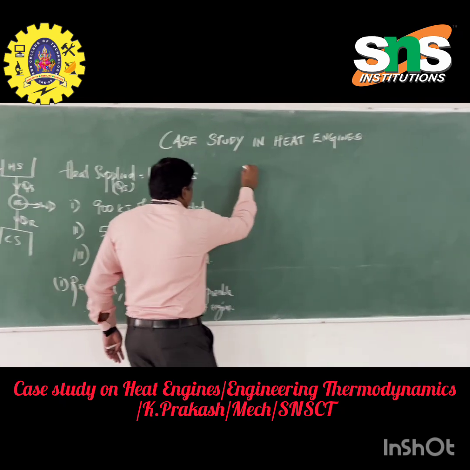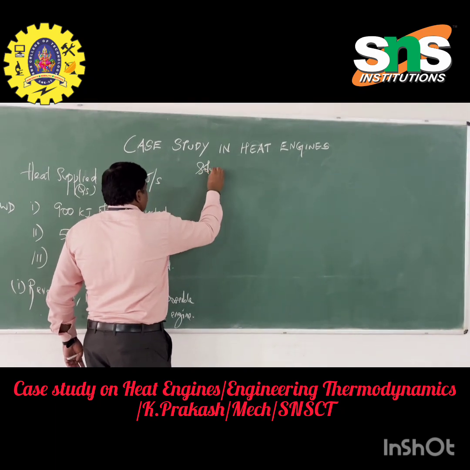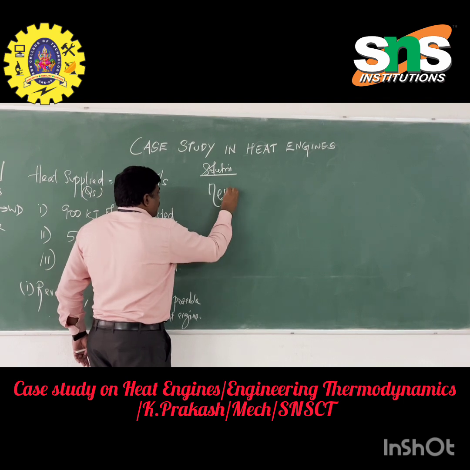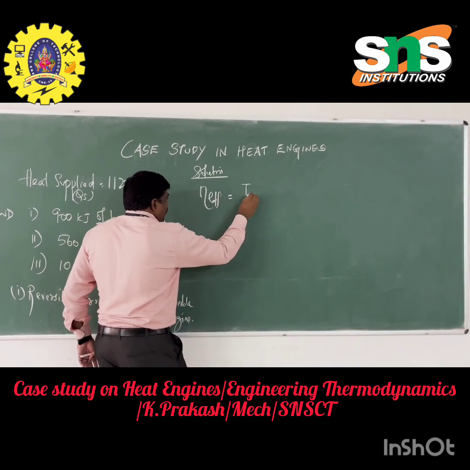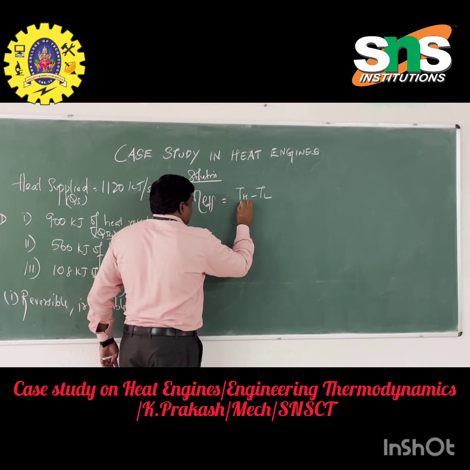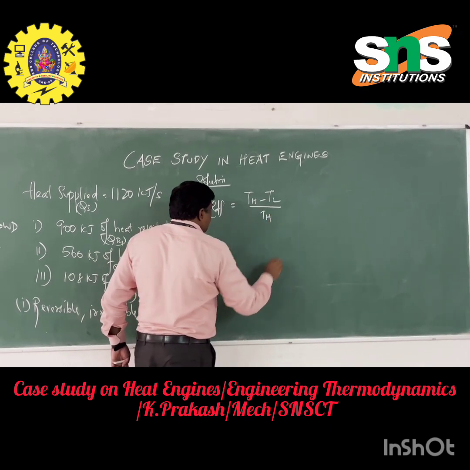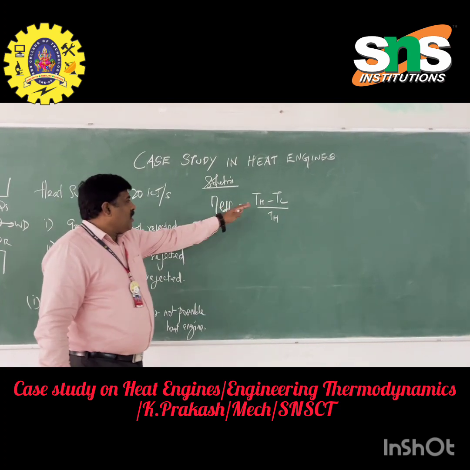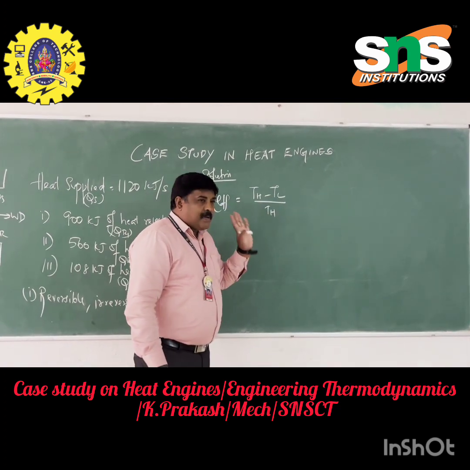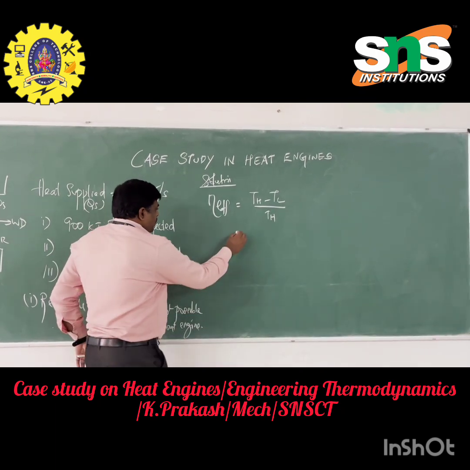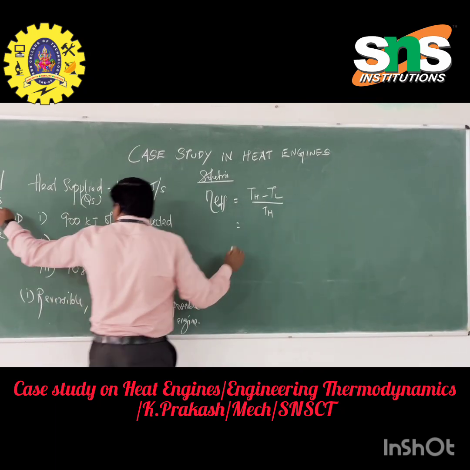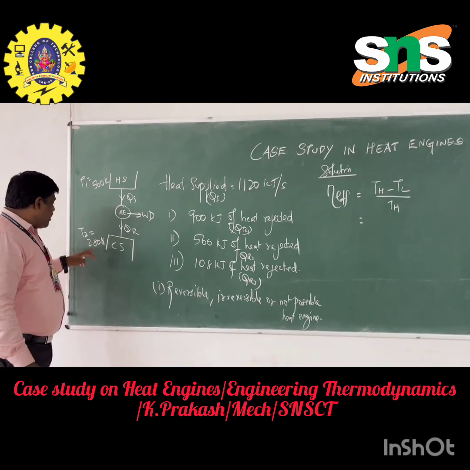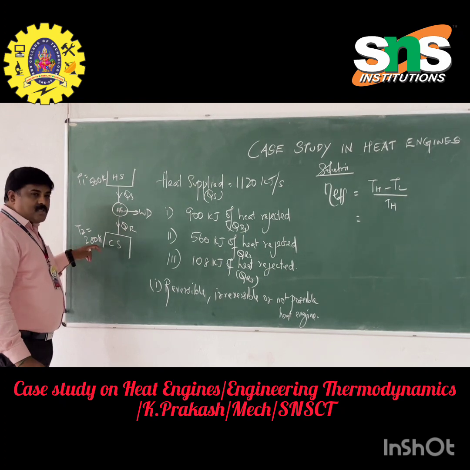Now coming to our Carnot cycle. What is the efficiency of the Carnot cycle? We will go for a solution here. The efficiency of the Carnot cycle is the temperature of the hot source minus the temperature of the cold sink, divided by the temperature of the hot source. The temperature of the higher source is given as 560 Kelvin, whereas the temperature of the cold sink or lower source is given as 280.